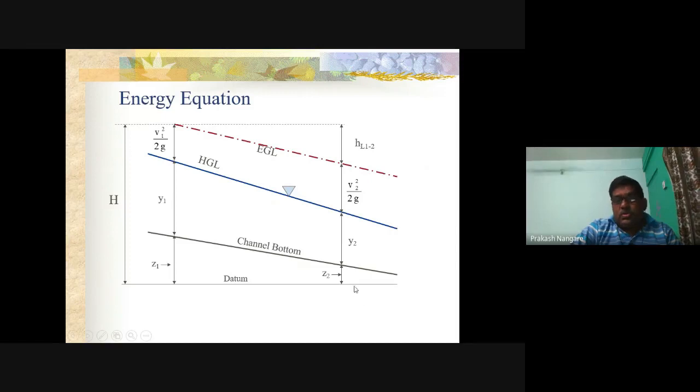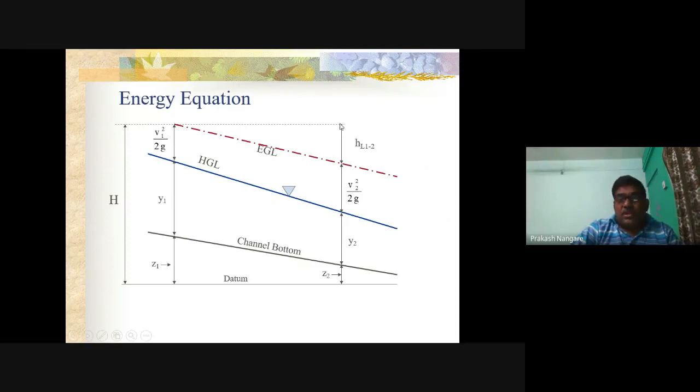At section 2, you have to observe the changes: the datum head changes, the depth of flow has changed, and the velocity head has also changed. This red line indicates the total energy line, and the difference between the two sections is observed in terms of the hydraulic loss.